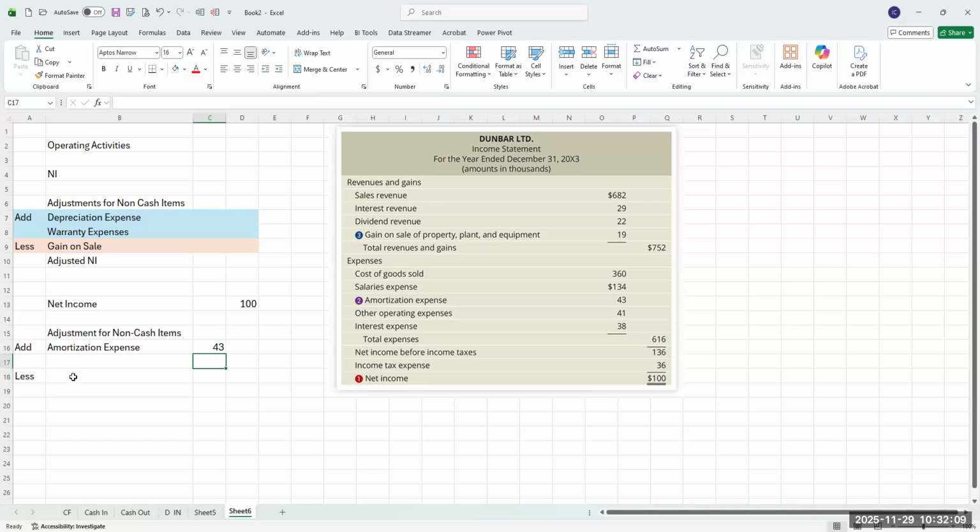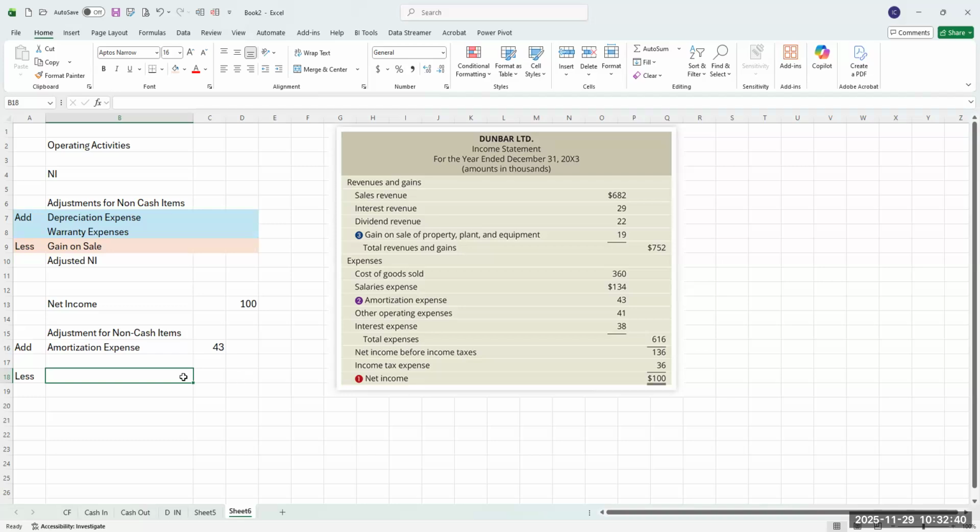So now let's see if there's anything that we have to deduct from our income. Is there anything related to the non-cash item? And we see sales revenue, interest revenue, dividend revenue, gain on sale. Is the gain cash item? No, it's not. So what we have to do, since it's increasing our revenue, or that means increasing our net income, we have to deduct it to eliminate the effect of increase.